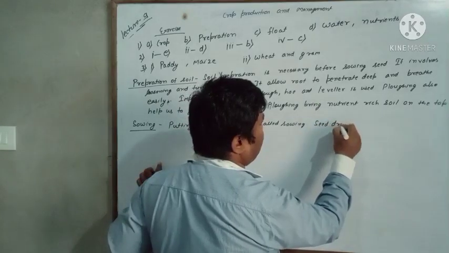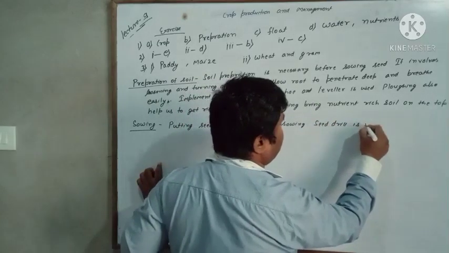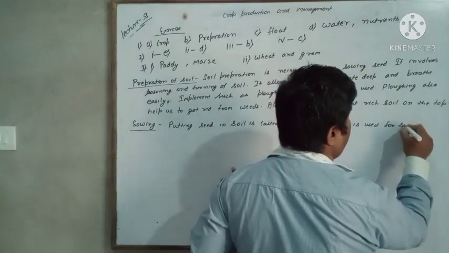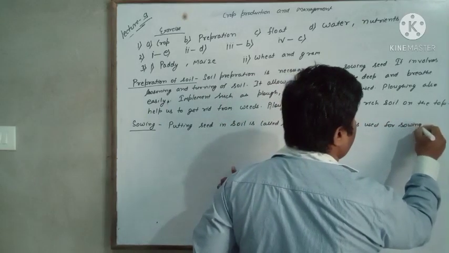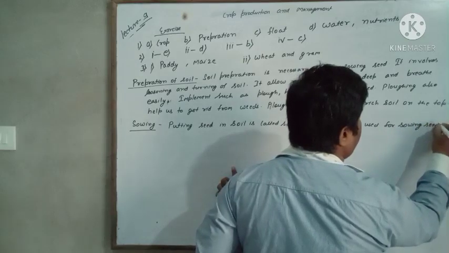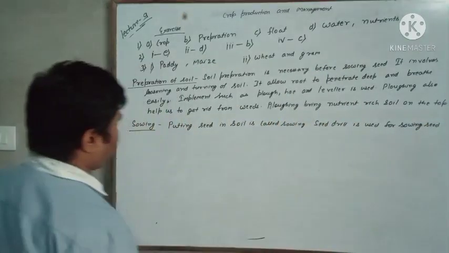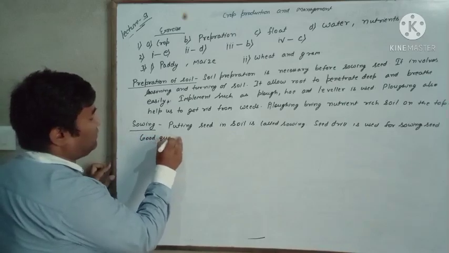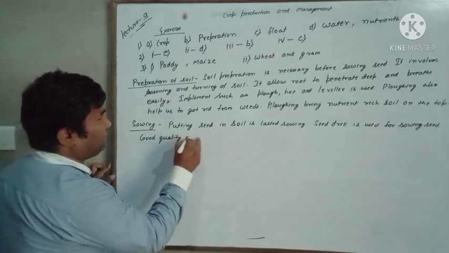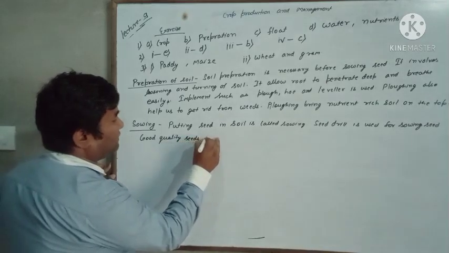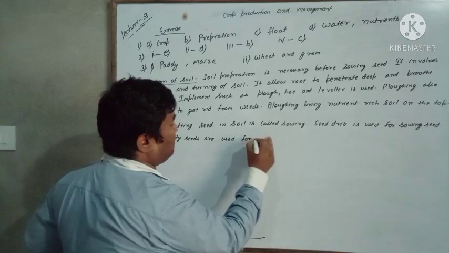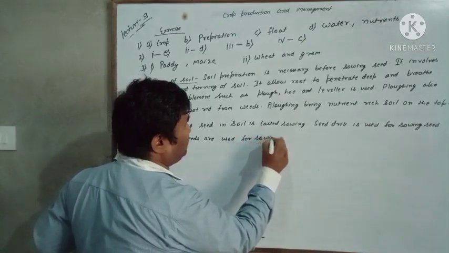Seed drill is used for sowing seed. Good quality seeds are used for sowing.